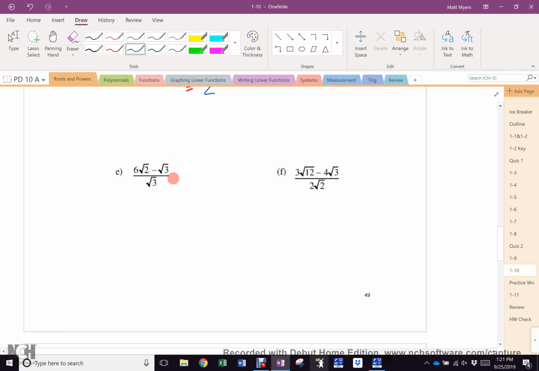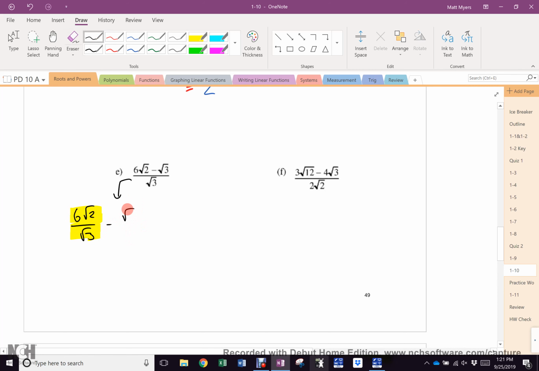Now, here we have a choice, ladies and gentlemen. You could do one of two things. You could do 6 root 2 over root 3 minus root 3 over root 3. Then you would simplify that to 1. And then what is wrong with this side?